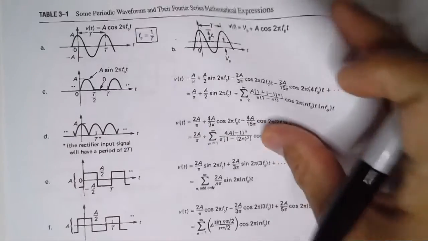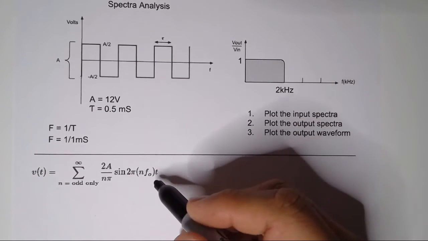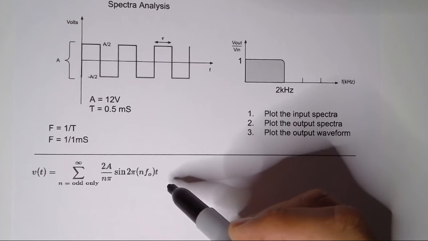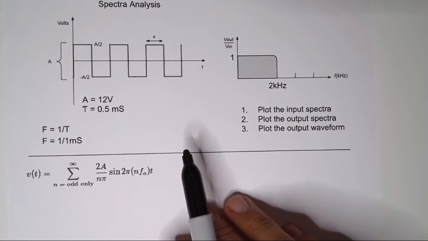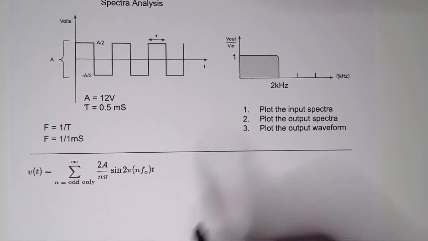We have this page, so we use this as a reference. We get our Fourier series expansion ready. Let's start plugging in some numbers and start working this problem.